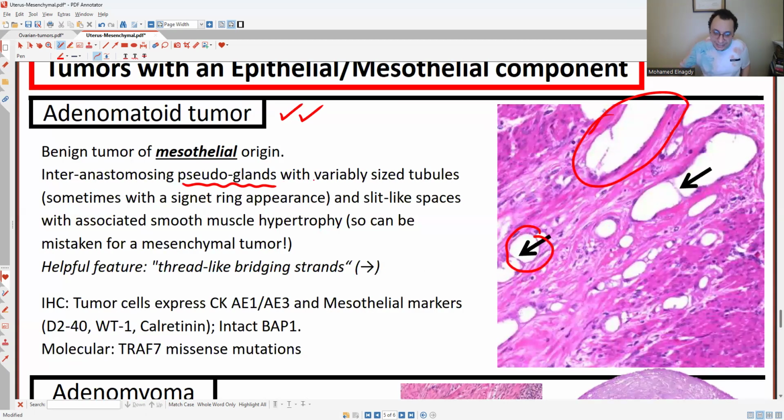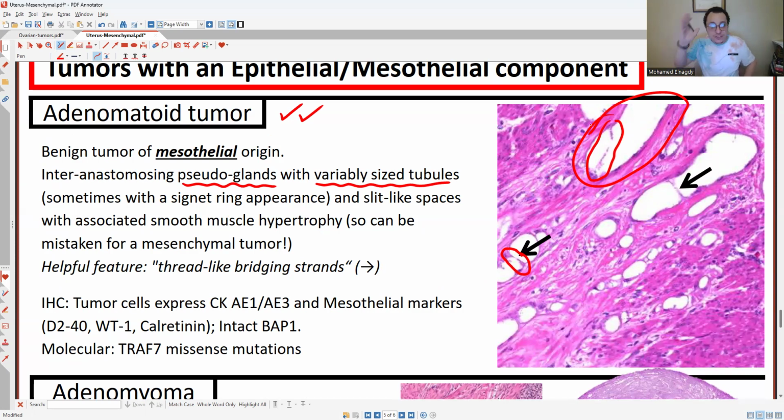They look like glands. So see variably sized tubules of pseudoglands. However, the characteristic and pathognomonic finding that is always present in all the pictures is these threads. The bridging threads. See, another one is here. The bridging threads in these pseudolumens and pseudotubules.